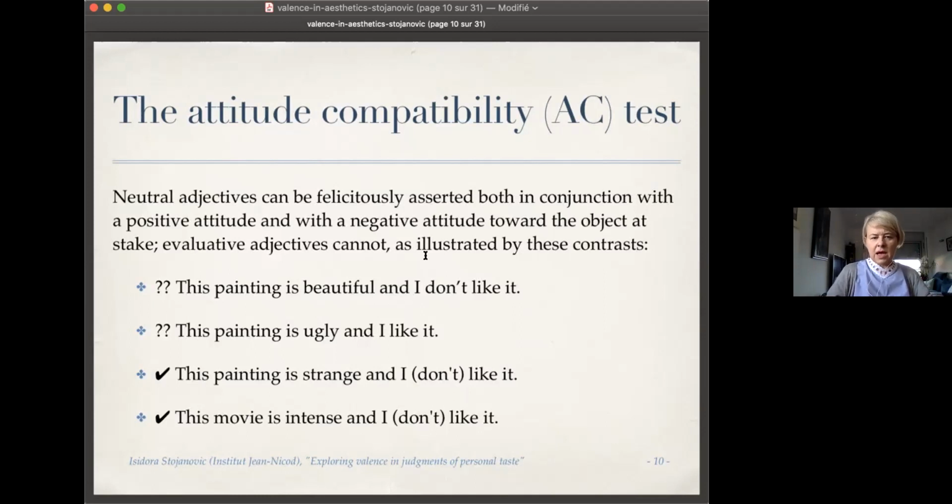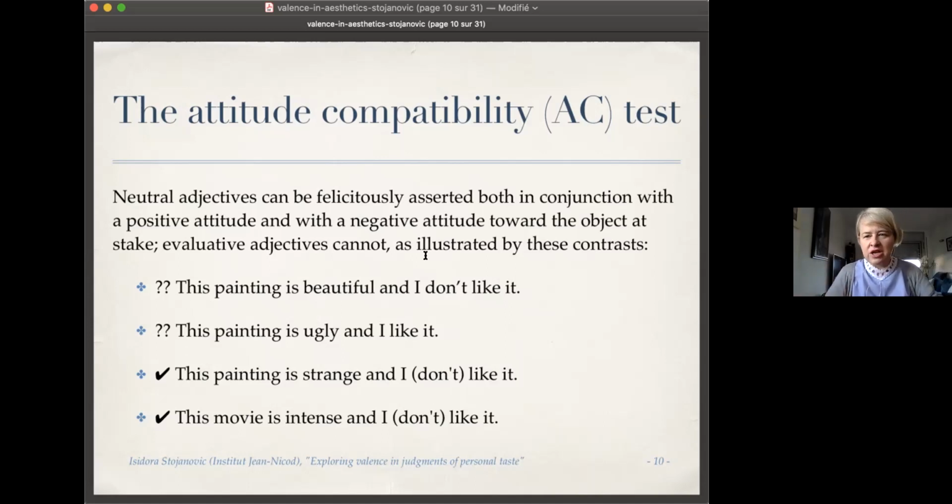This painting is ugly and I like it is again somewhat weird. Whereas this painting is strange and I like it, as well as this painting is strange and I don't like it, and similarly, this movie is intense and I like it, this movie is intense and I don't like it, are much more felicitous.